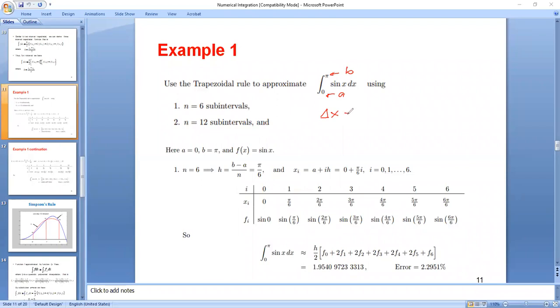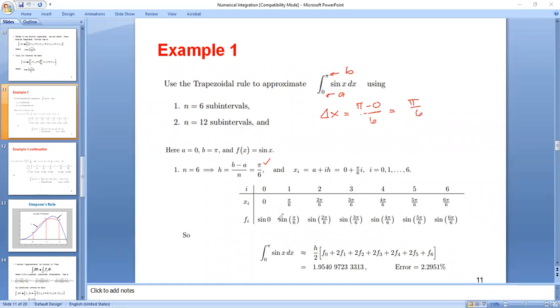So you will have b minus a divided by n. Your b is pi minus a, which is 0, divided by n, which is 6. So your increment is pi over 6.